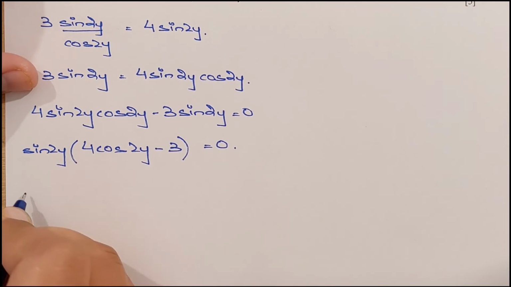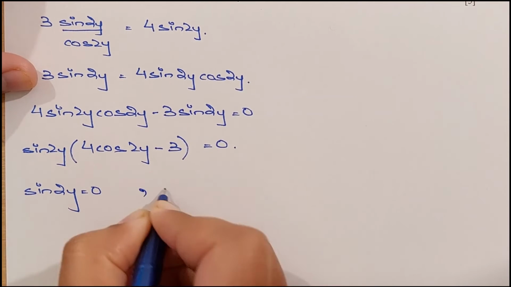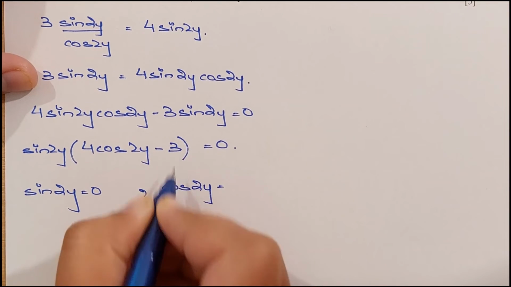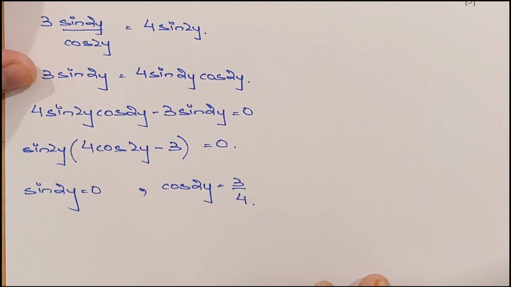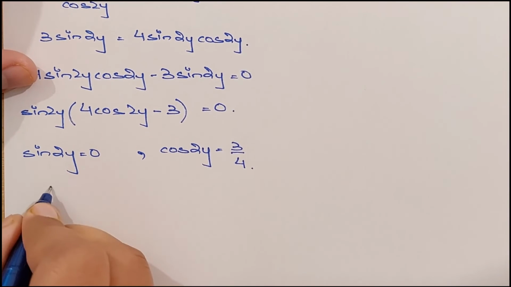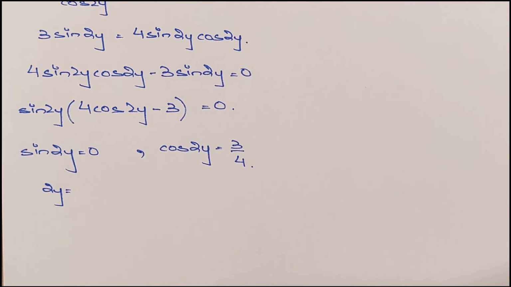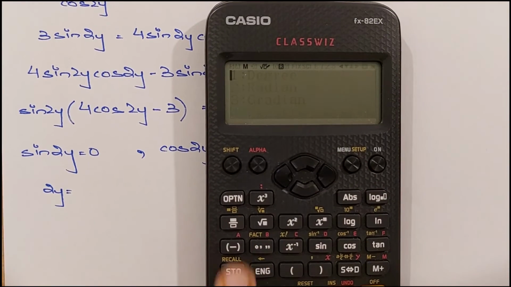Again, we have two factors. The first is sine 2y equals 0, and the other is cos 2y equals 3 by 4. So both are positive, right? So let me solve for 2y equals sine inverse of 0. The domain is in radians, so convert the calculator into radians, right?